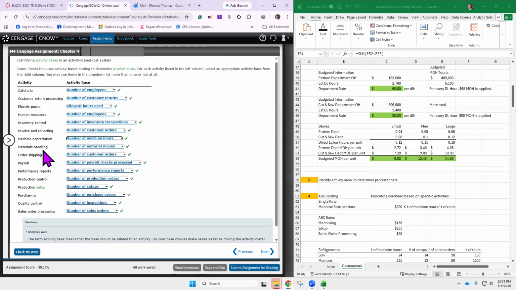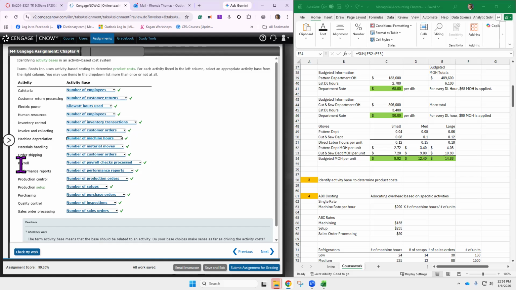Okay, how about materials handling? So materials handling are looked at by the number of moves materials make throughout an assembly process. How about order shipping? Who uses order shipping? Well, customers do.